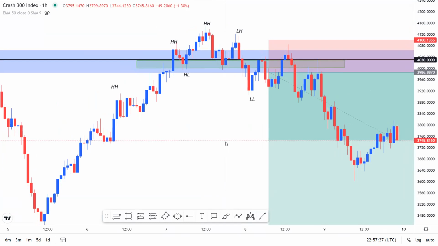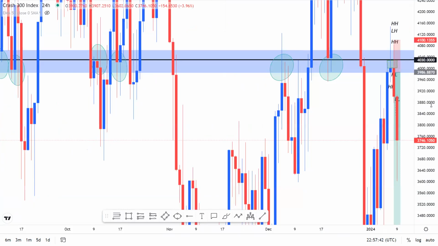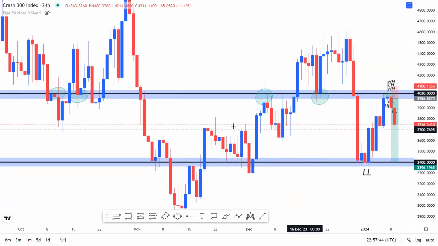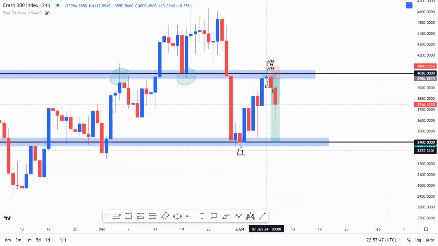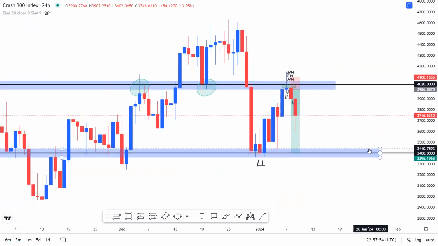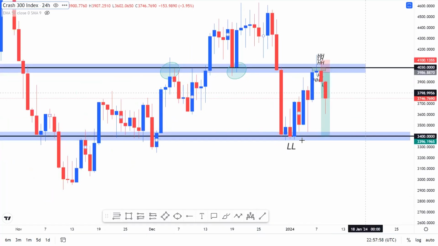So moving down to the daily time frame, I add the swing lows right about here as my first level target to get out of my sell trades, my sell positions.